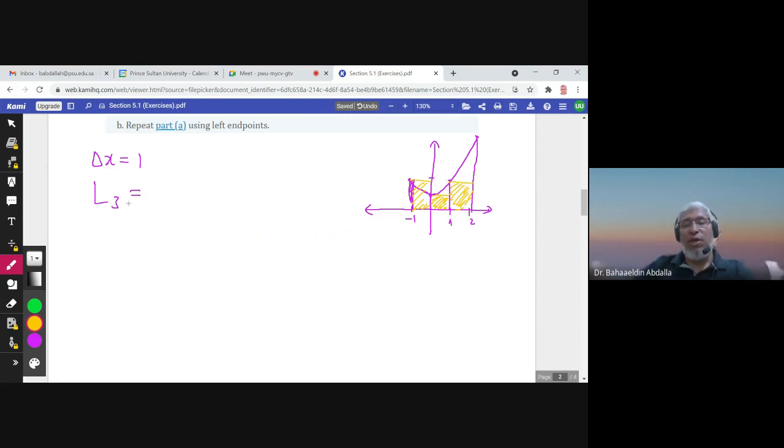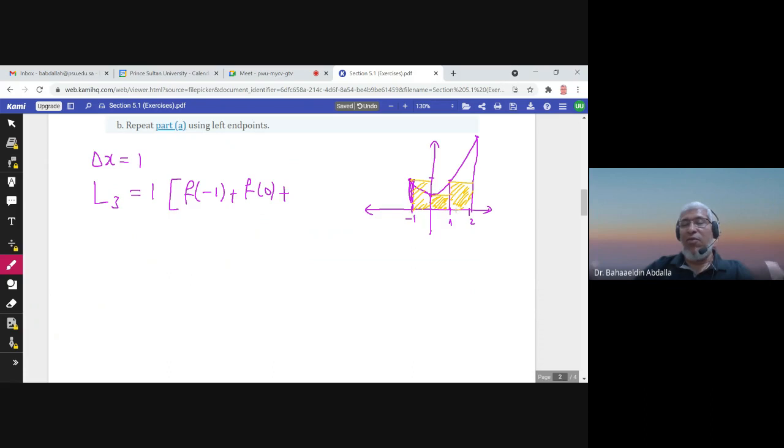So what would be L of 3? Again, I can take the width as a common factor. And now the height or the length is not f of 0. The length of the first rectangle is this line, which is f of negative 1. And the length of the second rectangle is f of 0.